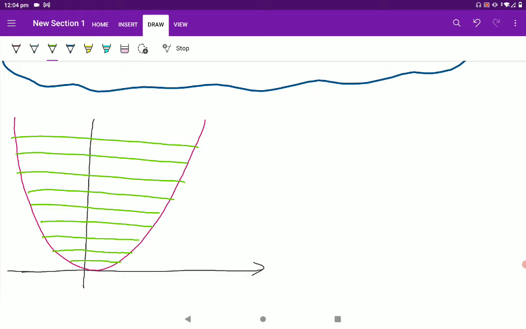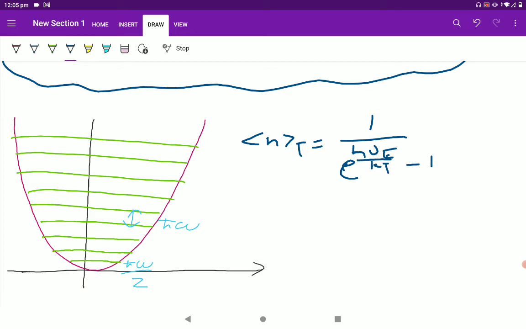The spacing between the green lines is given by h cross omega, and the minimum energy is h cross omega by 2, as we have already seen. The average value of vibrational quanta is given by this expression, e to the power h mu e by kT minus 1. If you increase the temperature, on average the energy will increase.